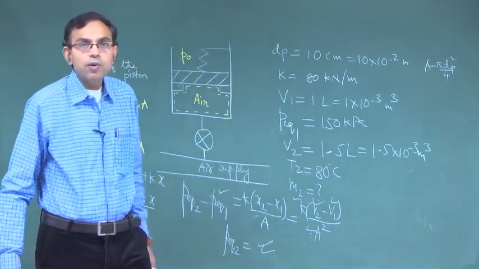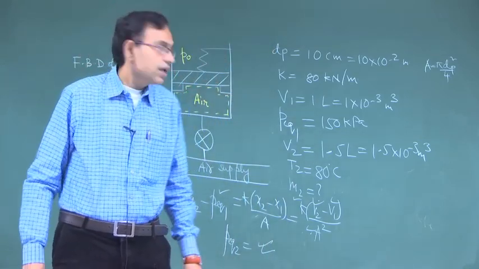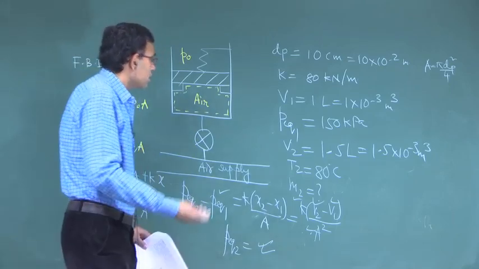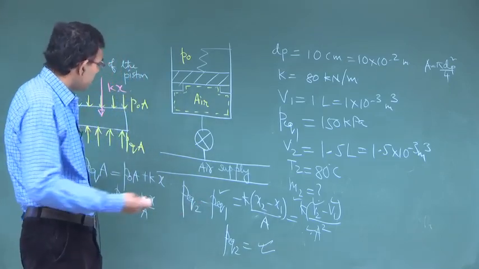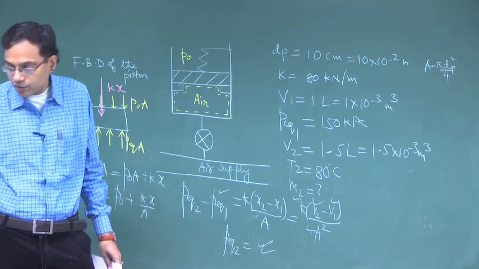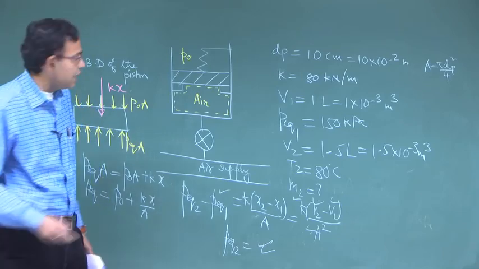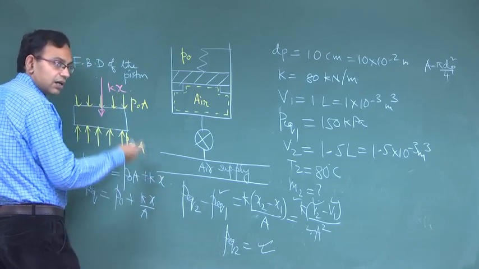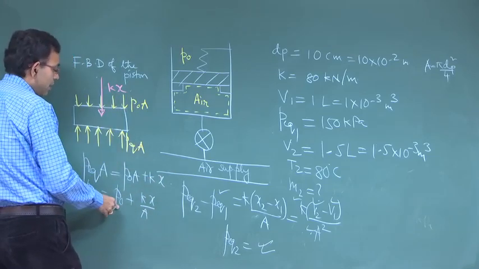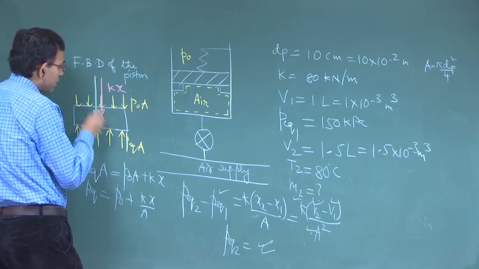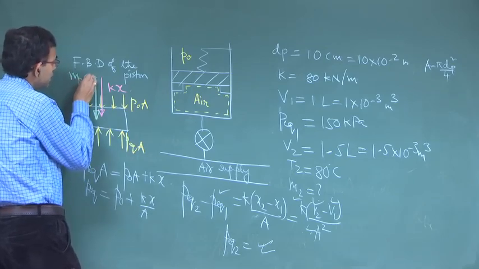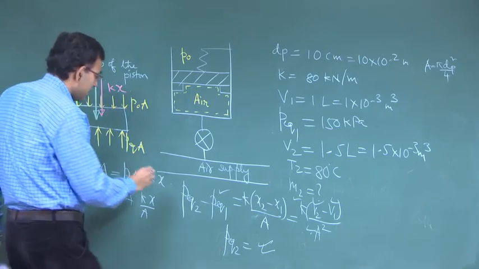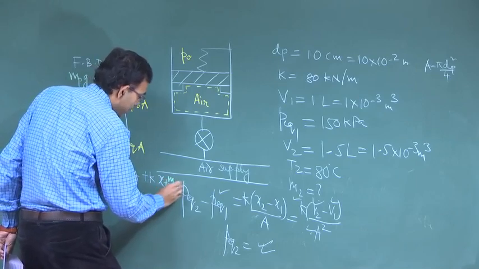So the important question is, why don't we consider the weight of the piston? We can consider the weight of the piston and still that will not be important. So, we can add the weight of the piston, you will see that it gets cancelled out. So, you can consider mpg along with this, so plus mpg.